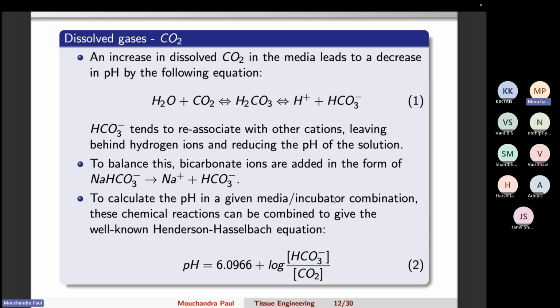So we are using an incubator having 5% CO2 with the media having, say, some grams of sodium bicarbonate that is going to release some amount of bicarbonate ions. If you know these two values, then using that you can calculate the pH of your media using this equation. This equation is called the Henderson-Hasselbalch equation.